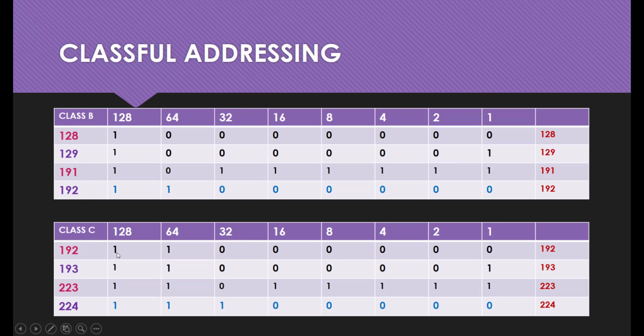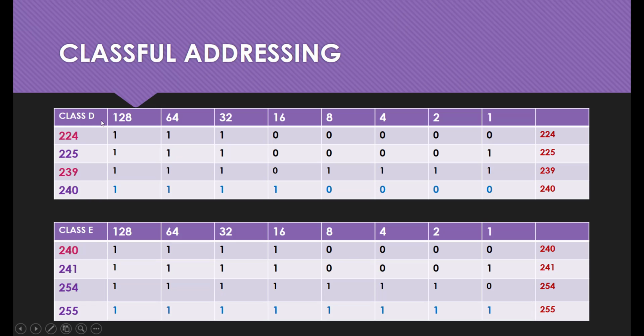So we can easily identify also class D has the first 4 columns on, which means 240. Anything before 240 and starting from 224 with the first 3 bits on is class D. And class E is the same thing, but this time starting from 240 down to 255, which is the end of the IP table.